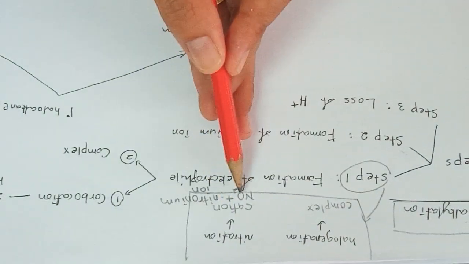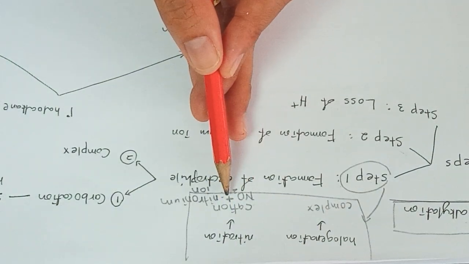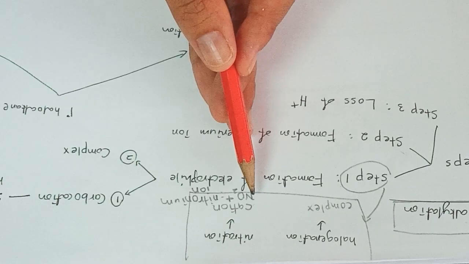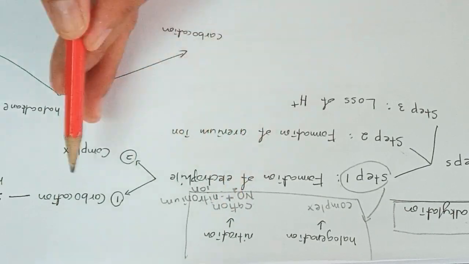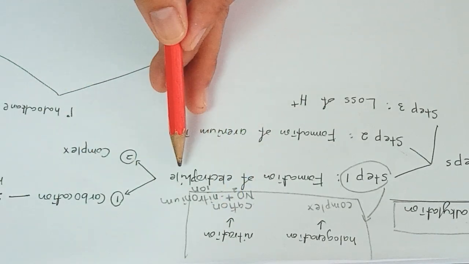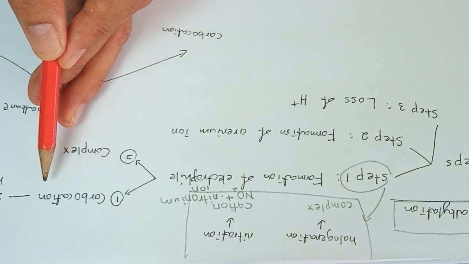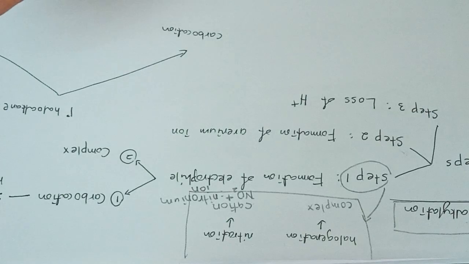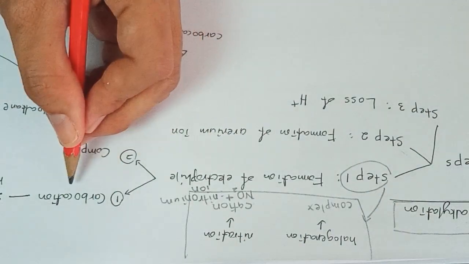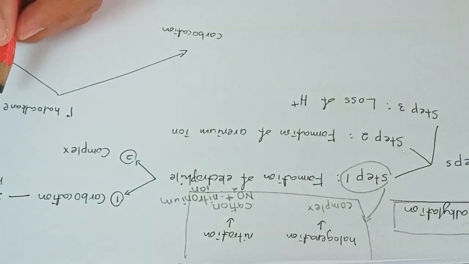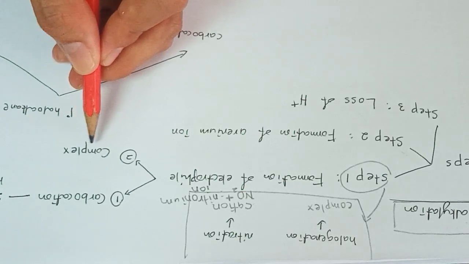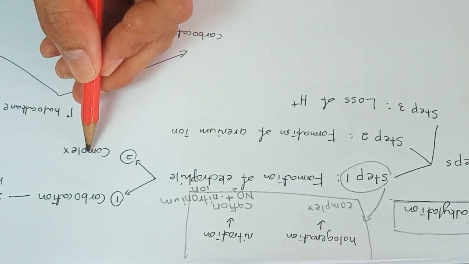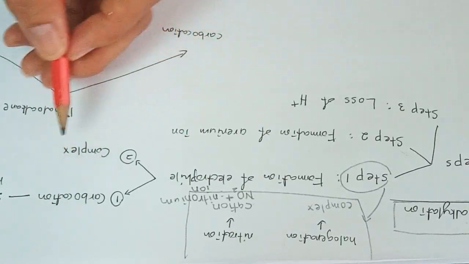For the nitration, the NO2 has the positive charge. The nitrogen has the positive charge. So we call it a cation. For the Friedel-Crafts alkylation, we call it a carbocation. But still, the species has a positive charge there. And also we can have the electrophile in the form of complex.